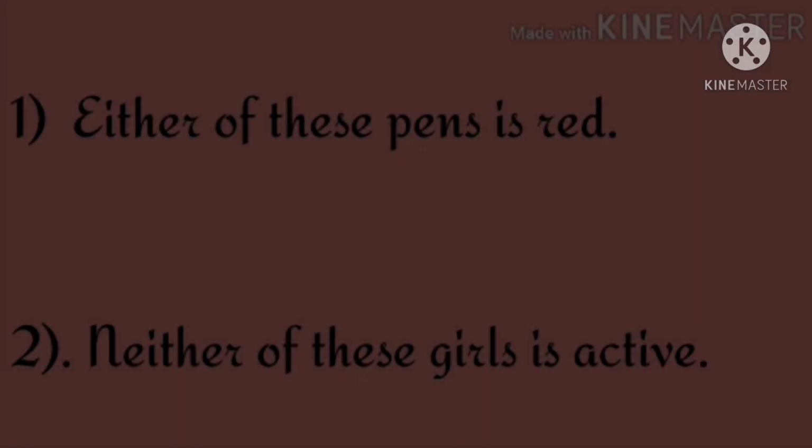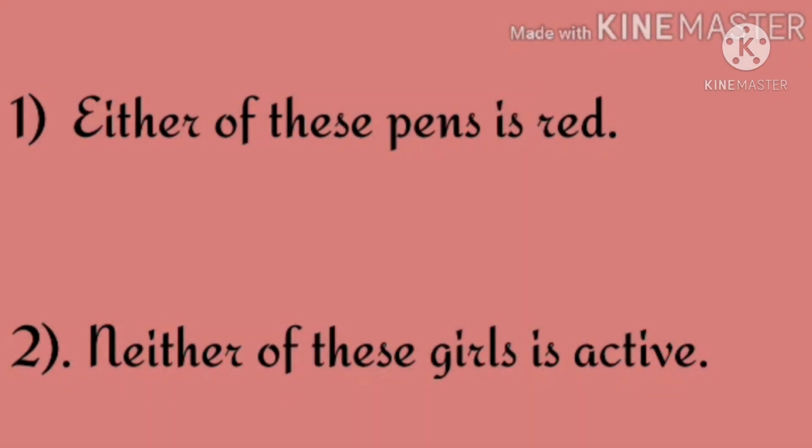Now look at some more examples. Either of these pens is red. Neither of these girls is active. Here also you can see either refers to the noun pens, so it is a pronoun, and also neither refers to the noun girls, and so it is a pronoun.